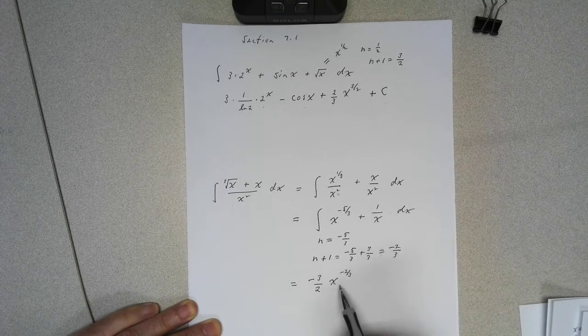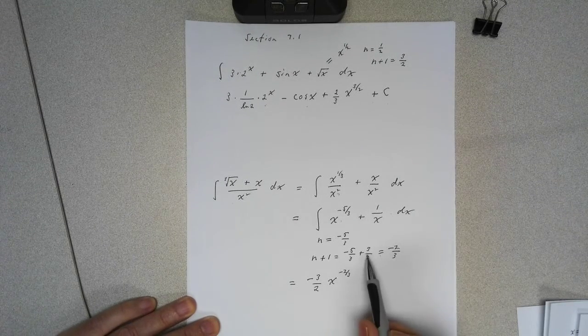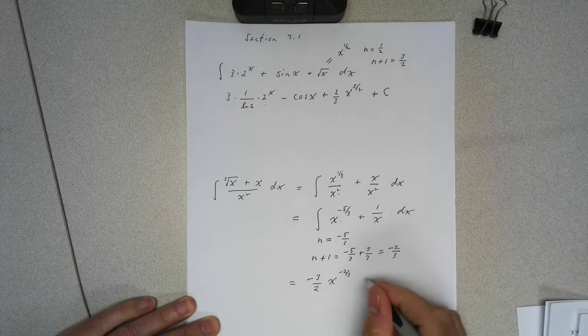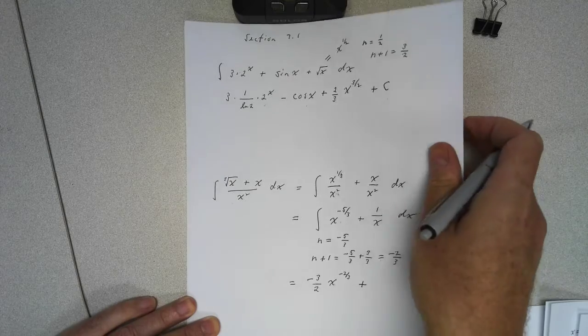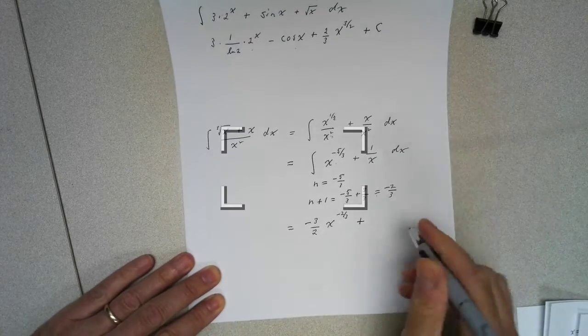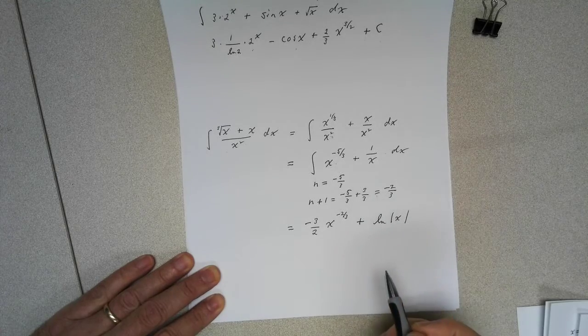And of course, we could compute the derivative of this, and we should get x to the minus 5/3. And then we add to that the antiderivative of 1 over x, which, we need to be careful here, is the natural log of the absolute value of x.